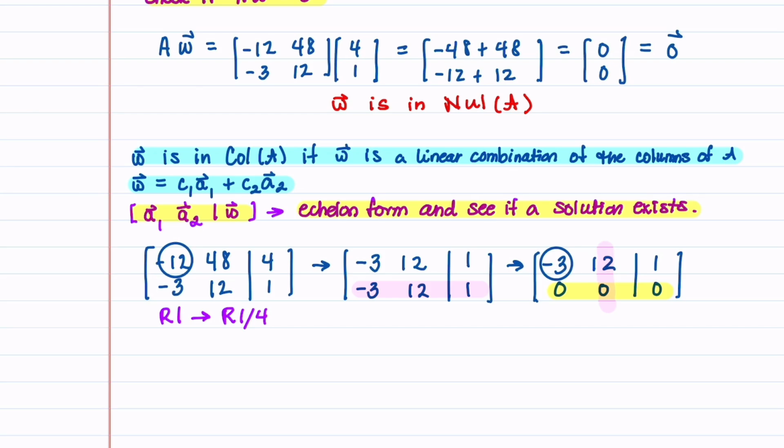Because we have a column that's missing a pivot, we're going to have infinitely many solutions. So our augmented matrix has a solution. In fact, it has infinitely many solutions. Because a solution exists, this tells us that W is in the column space of A.